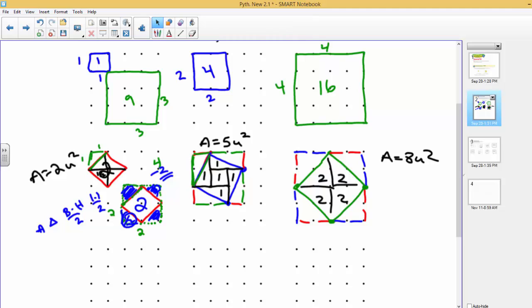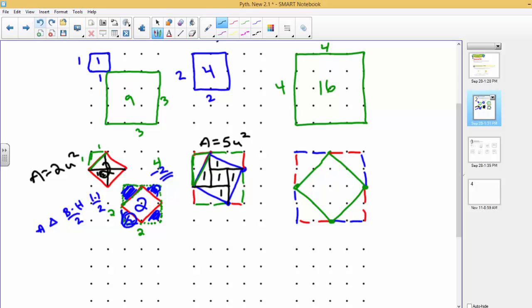But you can also break it up on the outside. So the outer box is a 4 by 4. So 4 times 4 is 16.